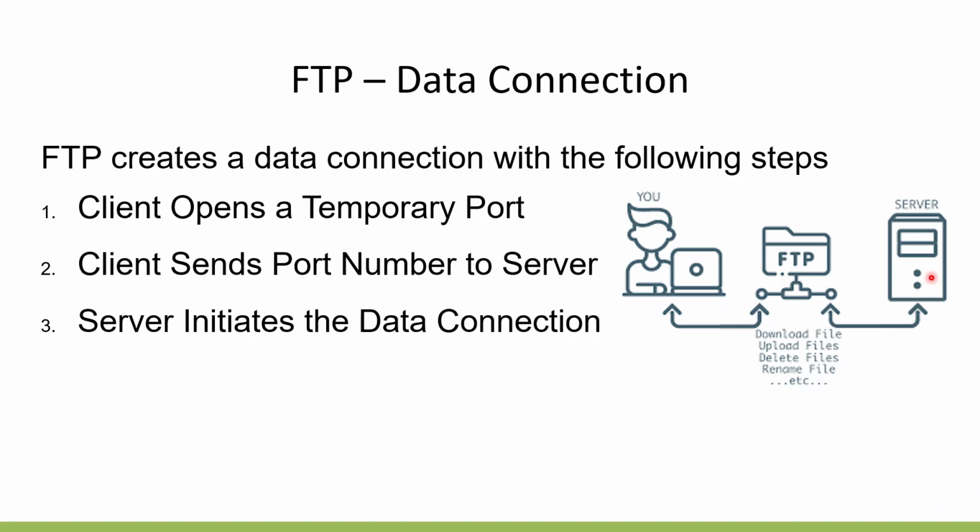In the second step, the client then tells the server about this port by sending the PORT command, which includes the port number it's using. Finally, the server receives the client's port number and establishes the connection. It does this by opening its port and establishing a connection to the client's temporary port.